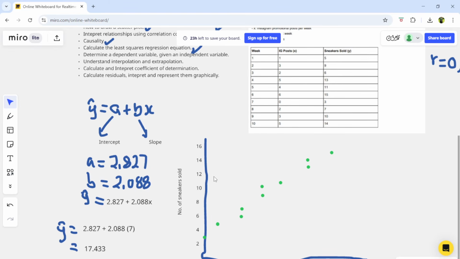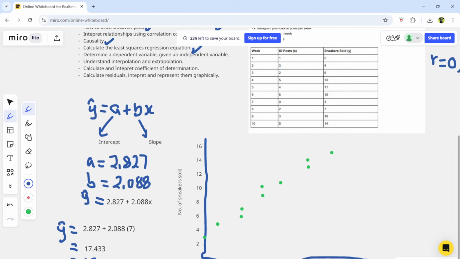sneakers sold. So now with 7 posts we get what? 17.433, which is rounded off to approximately 18. So basically we're expecting to sell 18 pairs of sneakers if we make 7 IG posts, right?